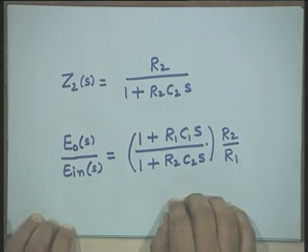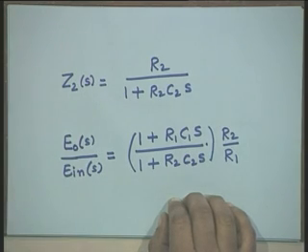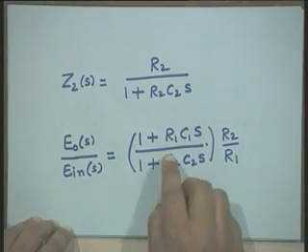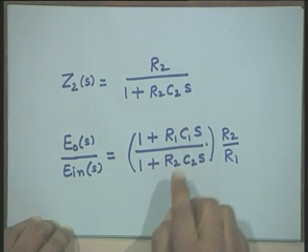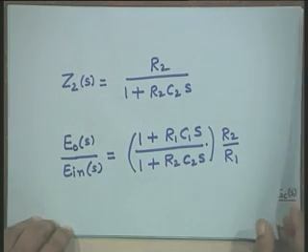Therefore, this simple operational amplifier with the feedback comprising a resistance in parallel with a capacitance, and similarly the input also a resistance in parallel with a capacitance, gives a simple transfer function. By choosing the values of R1, C1, R2, C2, we will be in a position to obtain the required phase characteristic of the transfer function.